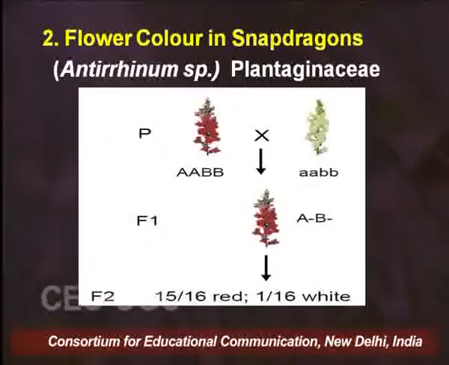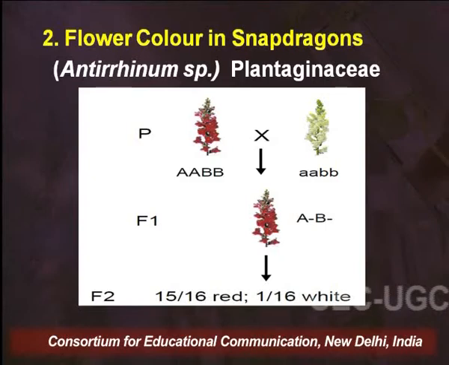Let us consider another example of the flower color in snapdragons. As you would see on your screens, this snapdragon, that is Antirrhinum species, belonging to the family Plantaginaceae, has two types of flower colors, red and white.